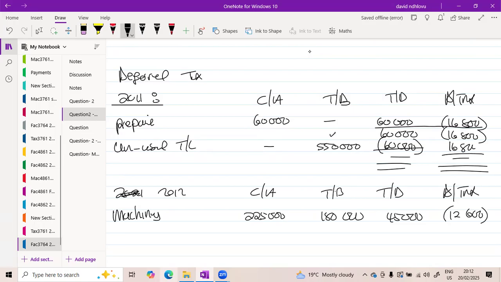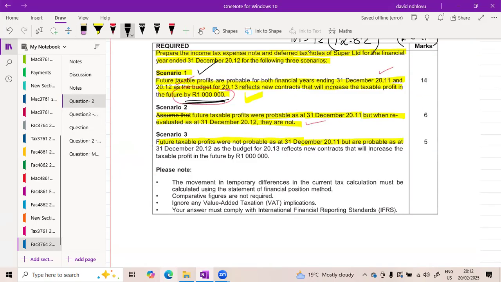Then I bring my unused tax losses. I know from my previous calculation it's going to be 80,000. But then they say it is not probable as at 31 December 2011, but it is probable at 31 December 2012.